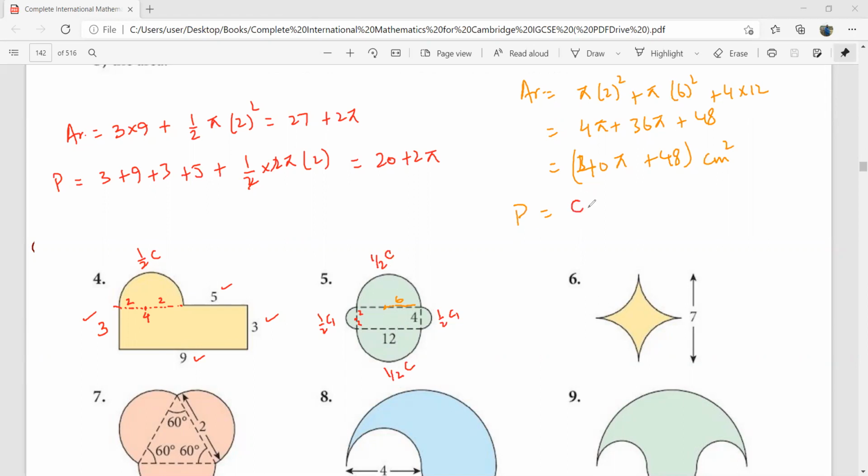So let me write it as C1 plus C. The smaller circle's radius is 2, so this is 2 pi into 2. 2 pi r we are basically using. And for the bigger circle, this is 2 pi and its radius is 6. This is 4 pi plus 12 pi, so that is 16 pi units or centimeters. That is your circumference here.